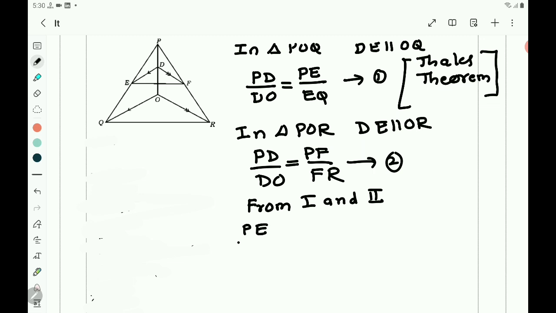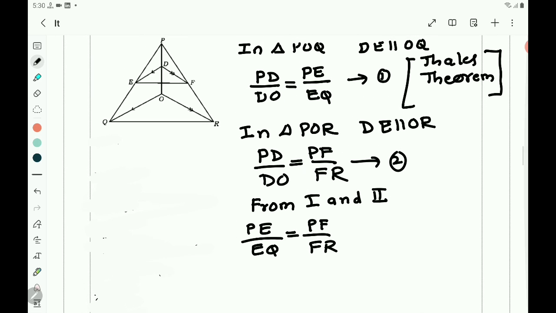PE by EQ equals PF by FR. So here observe the figure.